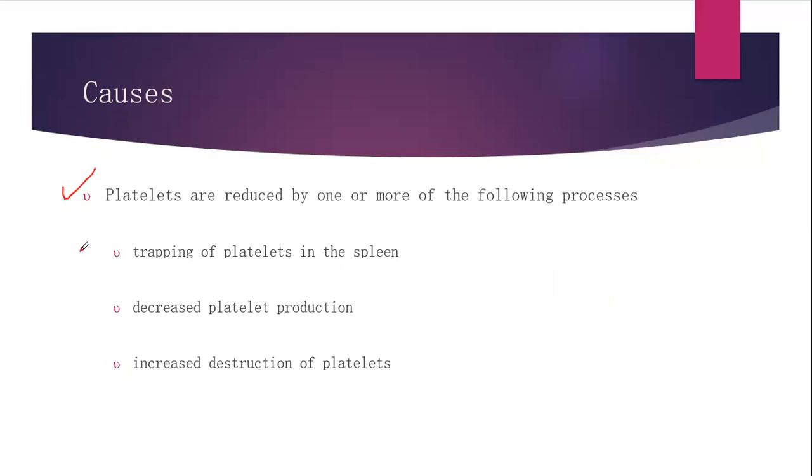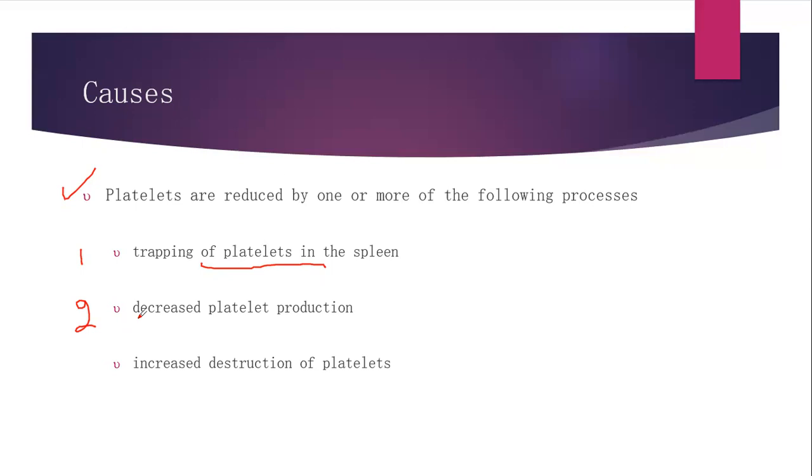So three main causes: the trapping of platelets in the spleen. This is one of the reasons: due to a lot of factors, the platelets get trapped within the spleen, and then the spleen also gets enlarged, and the amount of platelets in circulation decreases, and the coagulation process is disturbed.